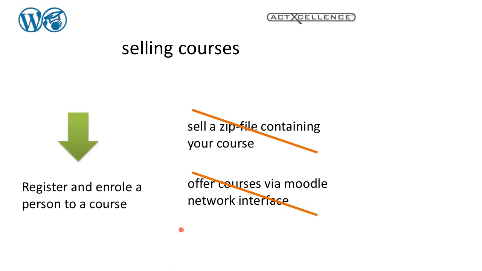Some of them are selling courses, but not in such high numbers that they want an online shop. So you call them, you get an invoice, you pay the invoice, and you get manually registered. This is the manual way of selling courses, and that's very easy. But if you want to have the online shop, then the first step would be to think about what I really want to sell.